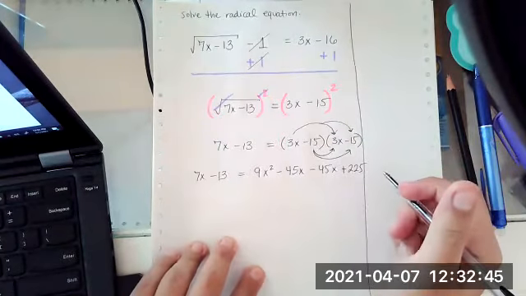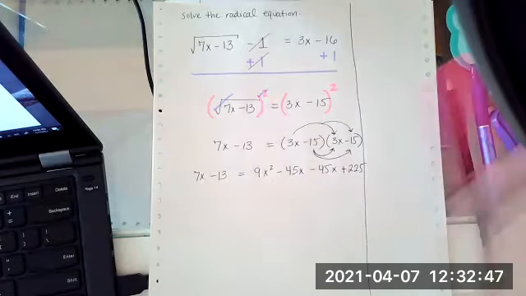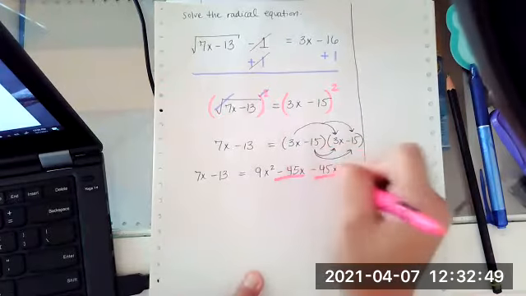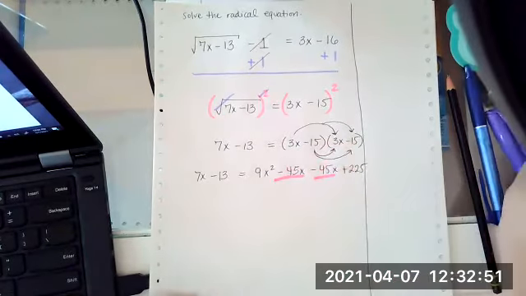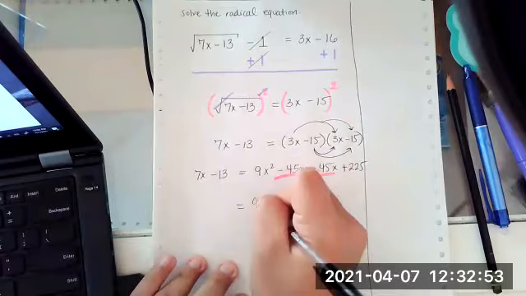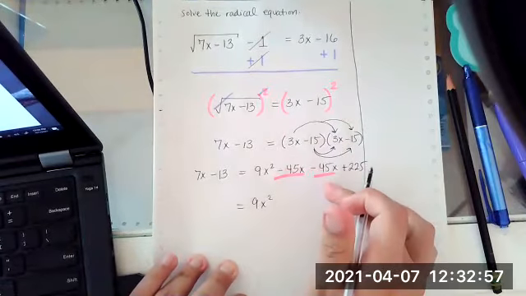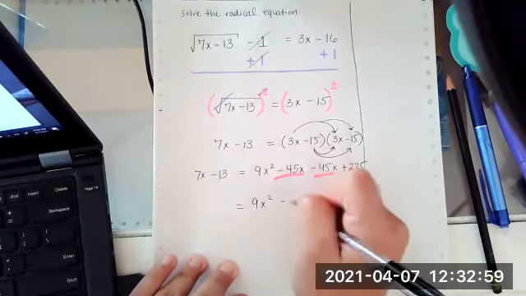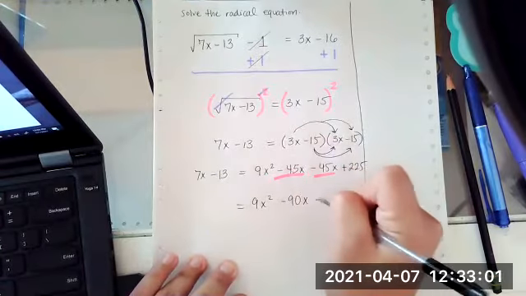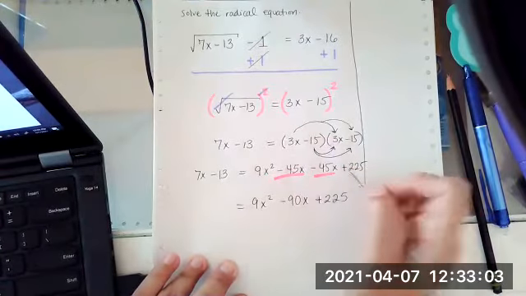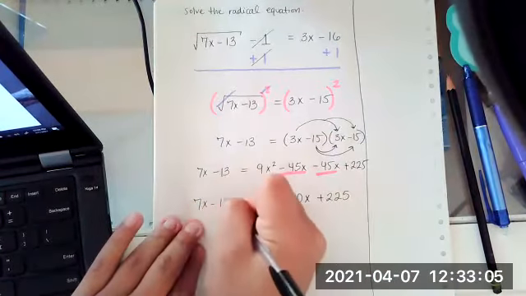So we're going to combine like terms. These two become -90. And we have 7x minus 13.